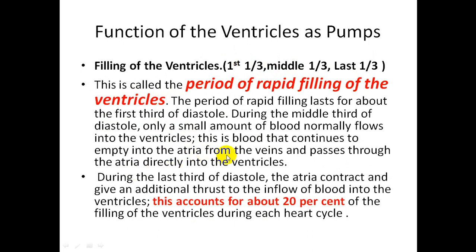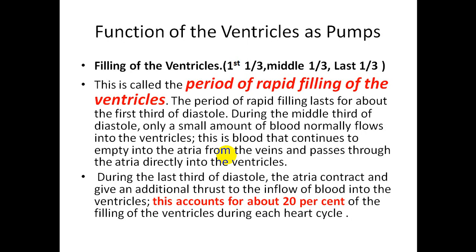What do I mean by that? In the first step, when the tricuspid or mitral valve opens, the blood is rapidly pushed into the ventricle, the rapid filling at about 80%. A small amount of blood continues passing from the veins directly into the ventricle.